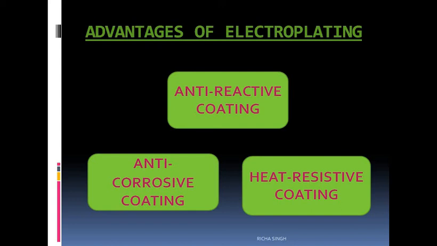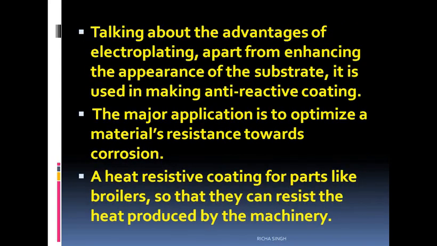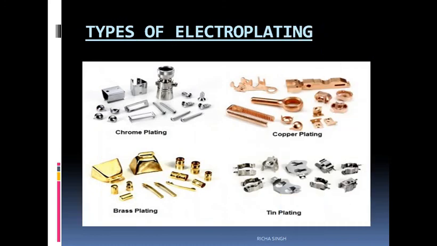Particularly, iron objects are electroplated with some superior metal so that iron can be protected from rusting. It is also used for heat resistive coating for parts like boilers so that they can resist the heat and do not get spoiled by it. So these are the different advantages of electroplating: to make the material anti-reactive, anti-corrosive and heat resistive. For these purposes, electroplating is used in different industries.